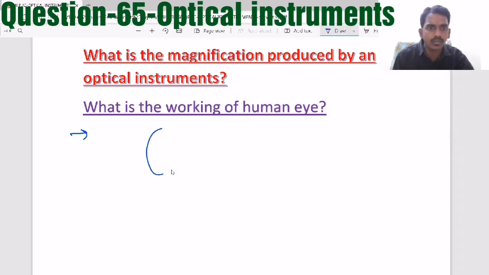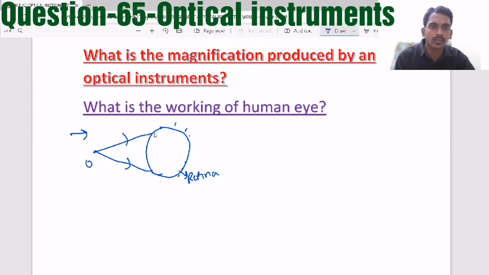When you consider a human eye, the back layer we call the retina. When there is an object in front of it, the rays undergo refraction at the eye lens and the image forms on the retina.